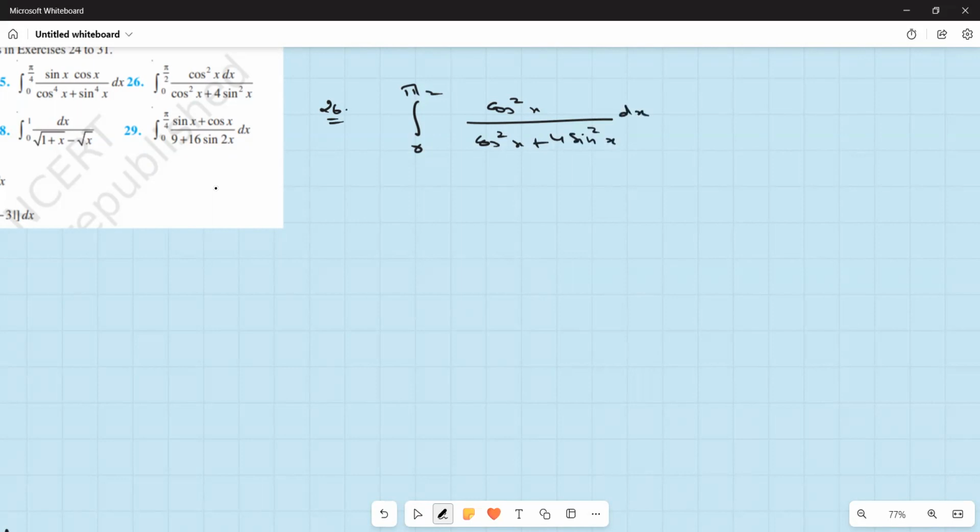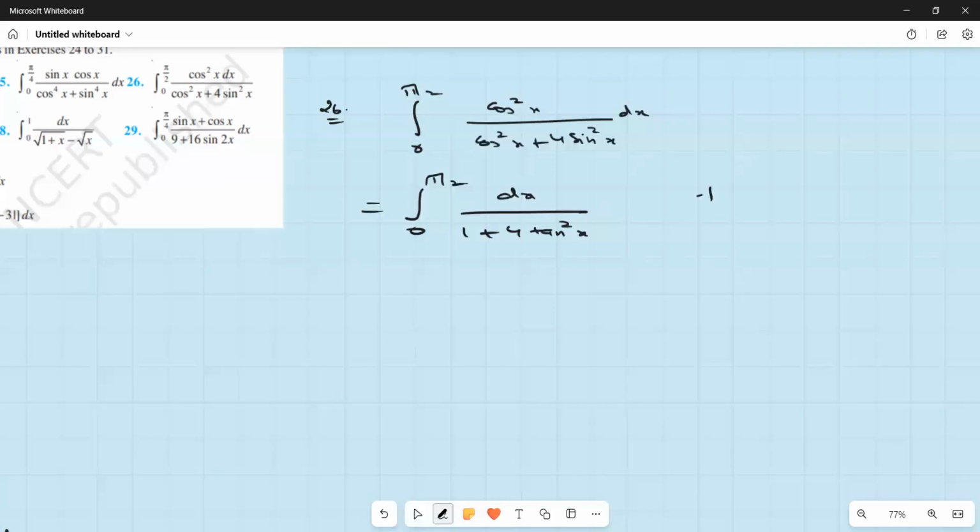So let us divide it by cos square. So that will be the integral from 0 to pi by 2 of dx upon 1 plus 4 tan square x.